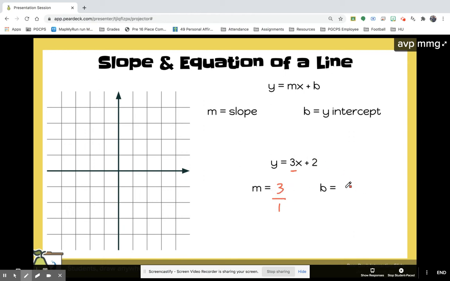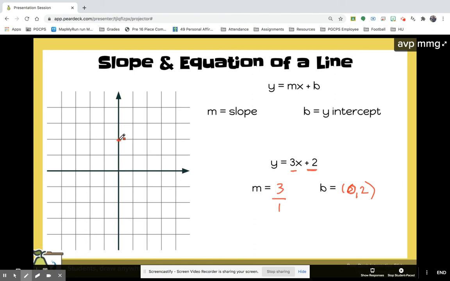And then my y-intercept will be at (0, 2), right? I always want to be in the habit of writing my y-intercept as a coordinate point so that I know where to start from. And so here it's at a positive 2. So I go up 2, and this is my y-intercept.